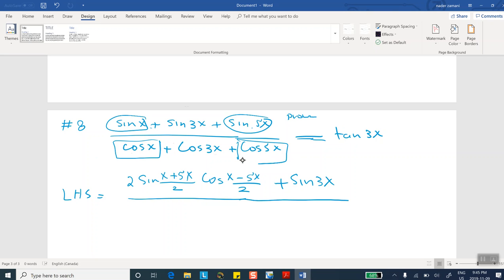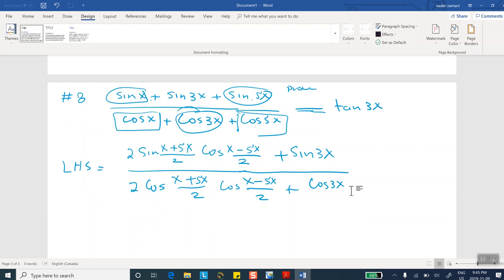Now for these two, cosine plus cosine, if you look in the formula that you've got, it's going to be 2 cosine of (x plus 5x) over 2, and then the second term is cosine of (x minus 5x) over 2. And of course the cosine of 3x down here is left out, plus cosine of 3x.